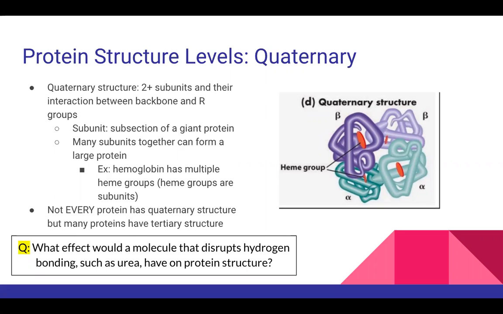I would say that urea would disrupt the secondary structure because that is held together by hydrogen bonds. You're right, it wouldn't disrupt primary structure because that's held by covalent bonds. What I was looking for was that it would primarily disrupt secondary because it unfolds the alpha helices and beta sheets. But yes, you're right. The primary would still be intact.